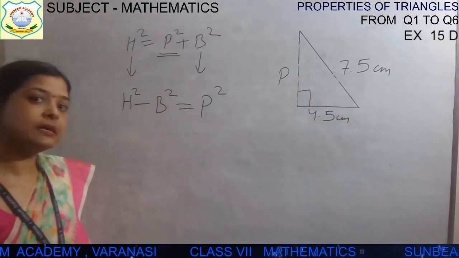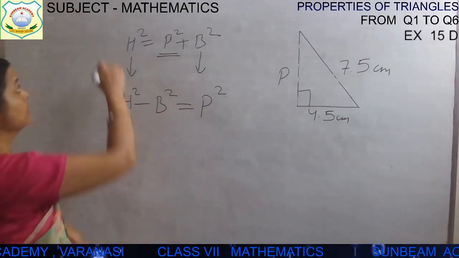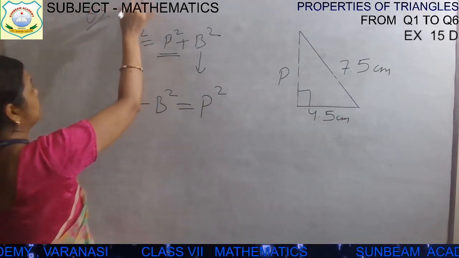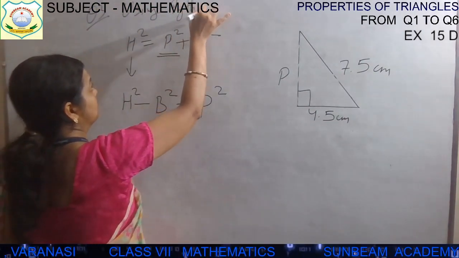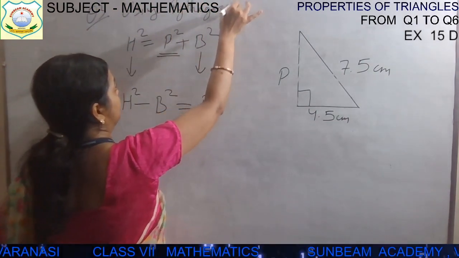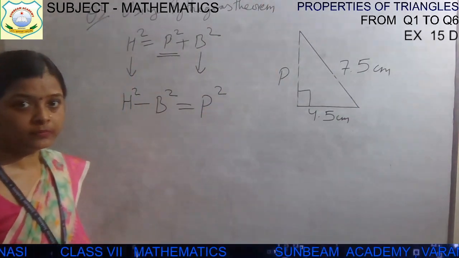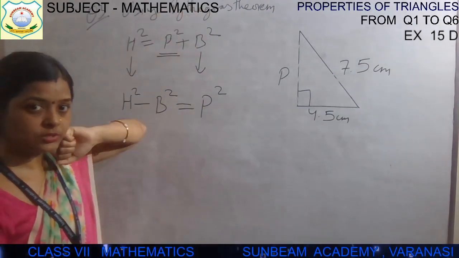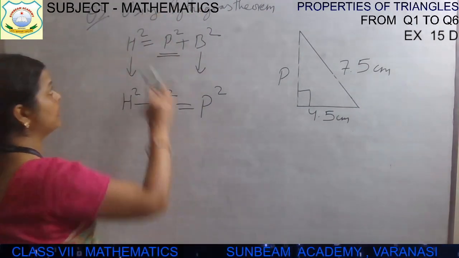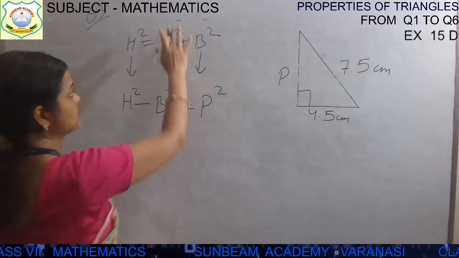What has ma'am done? Ma'am has taken the Pythagoras theorem formula for question number 3. यहाँ पे लिखेंगे using Pythagoras theorem. It's not visible, leave it. You can write it as using Pythagoras theorem. H square is equal to p square plus b square.